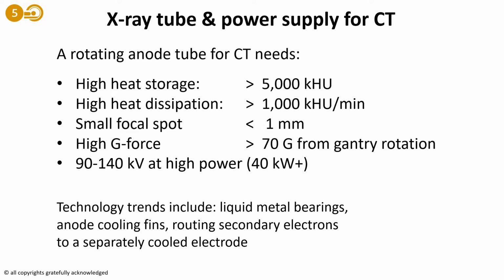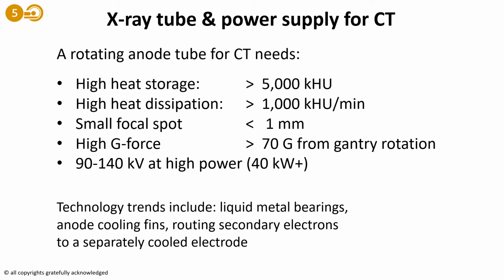Here you can see an example of the sort of specification needed in a modern tube and power supply for CT. Of course, in addition to the high heat storage and heat dissipation requirements, with the speed of rotation of modern CT gantries, modern X-ray tubes have to be designed to withstand very high G-forces. Over the time since the 1970s, there have been significant technology improvements in many areas.